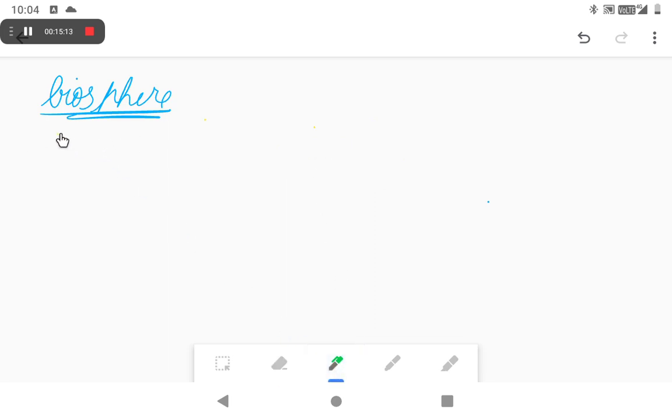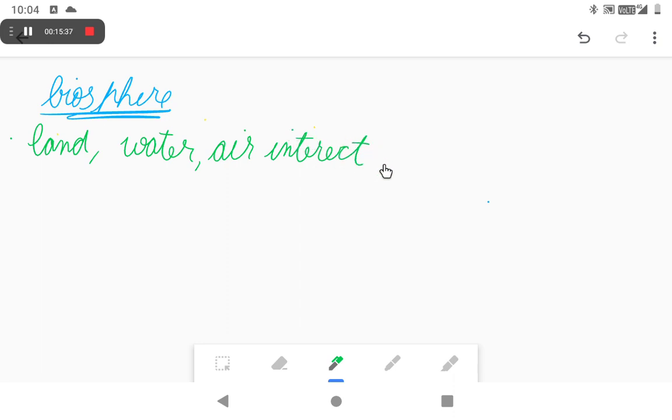So the narrow zone of the earth where land, water and air interact with each other.